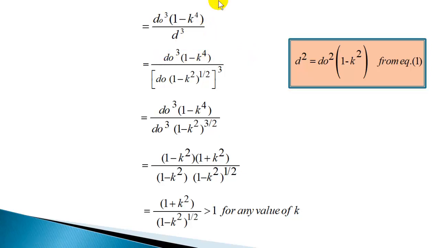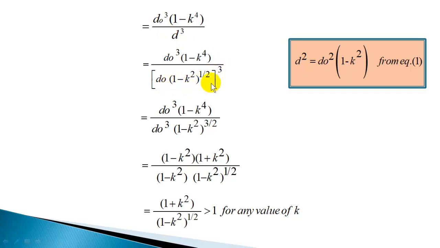So I am going to substitute for d in terms of d naught. We have already got a relationship, d square as d naught square into 1 minus k square. So I can substitute for d. D is d naught into 1 minus k square raised to half. So d cube is d naught into 1 minus k square raised to half, cubed.